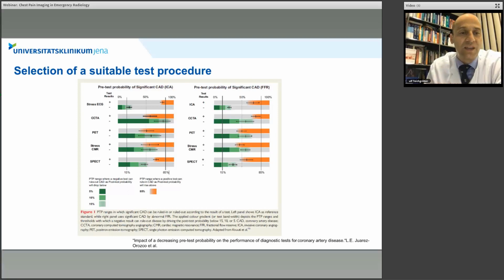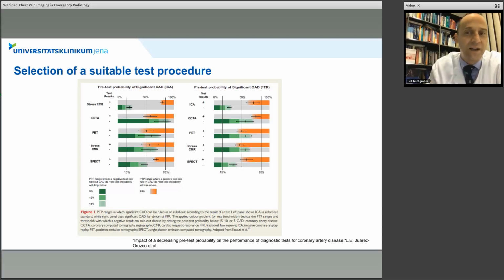But now, with the new technology and what we can do with CT angiography, future studies will definitely show that CT angiography is probably even better than the still, let's say, gold standard of coronary angiography.